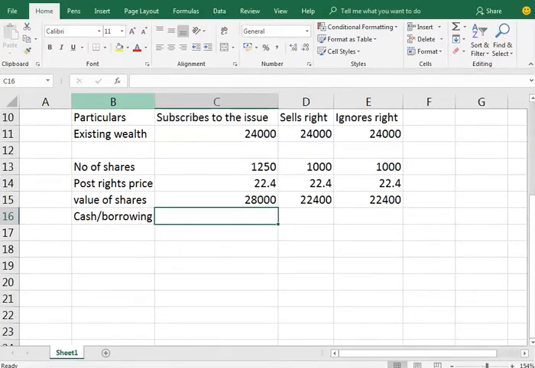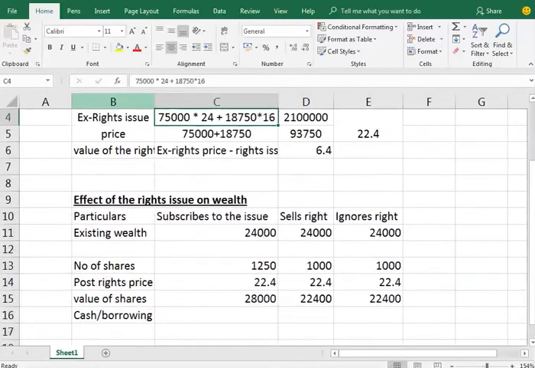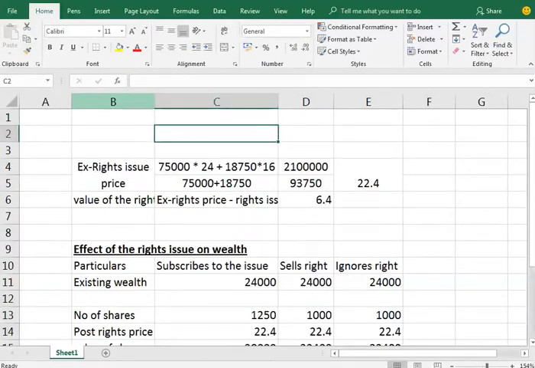So show this now. Technically, yes. As a concept, what you say is perfectly right. So what she is indicating is, when I did this denominator 18,750, some people may not subscribe to the rights issue. So in your numerator also, it should not be 18,750 into 16. Denominator also plus 18,750 should not be there.